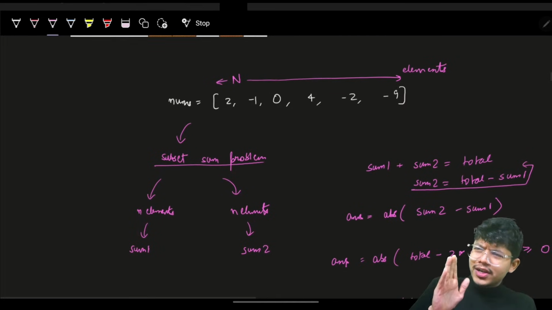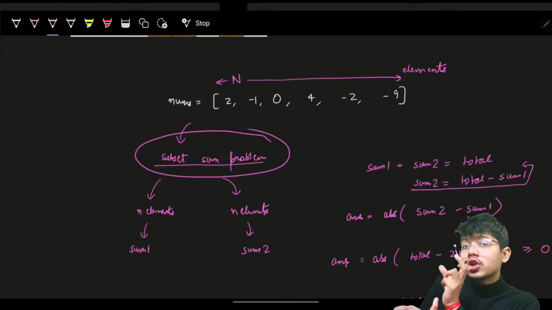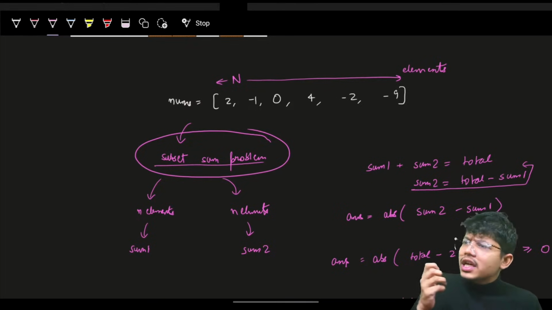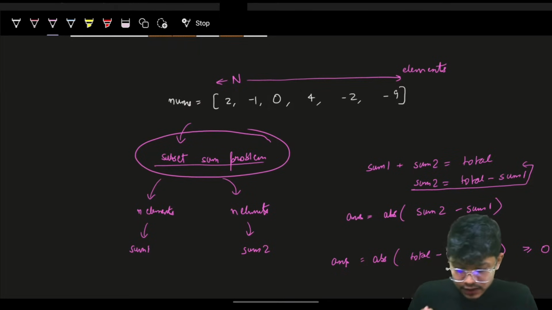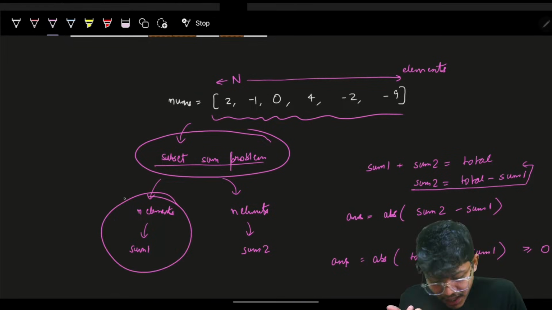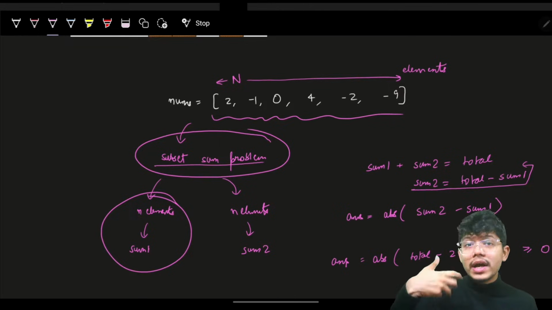Now for sure I know one thing, that I will have to get a partition of n elements. Ideally, I should try all the subsets, and for that specific subset I will have to go and get the sum.